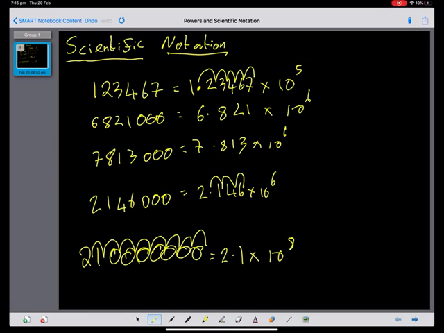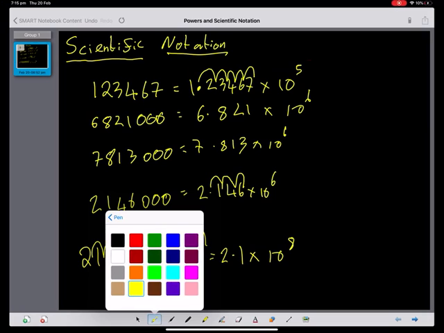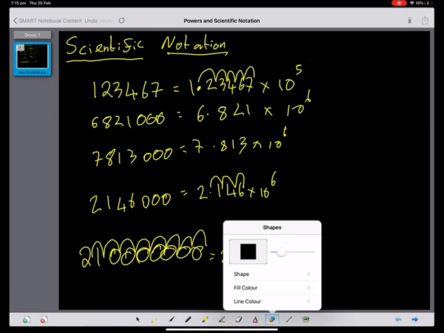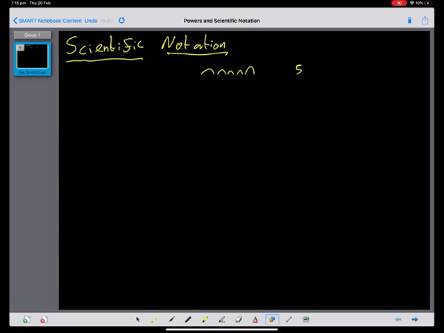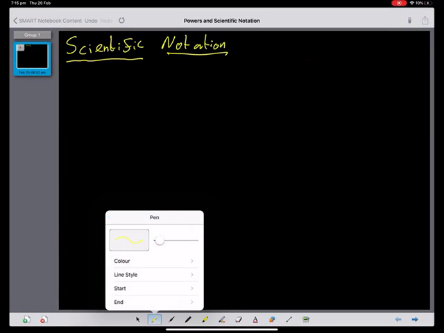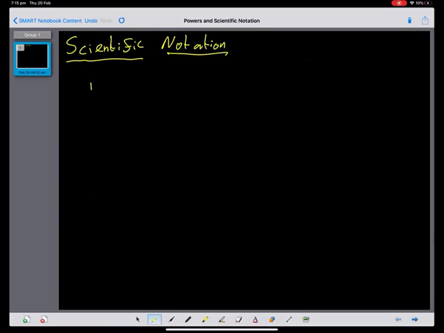So let's have a go at writing some scientific notation using numbers. So I'm just going to do 5 questions, and again I'll do the first and last, then you can do the rest.